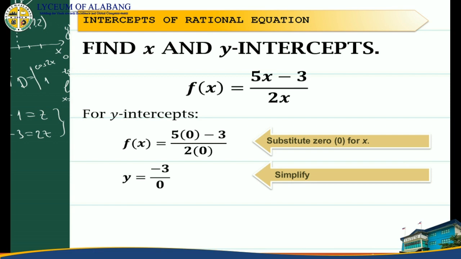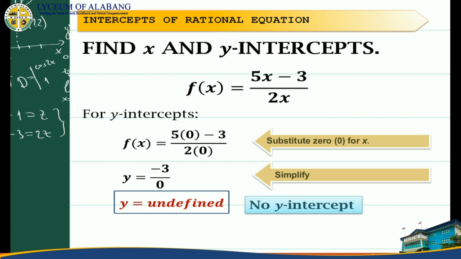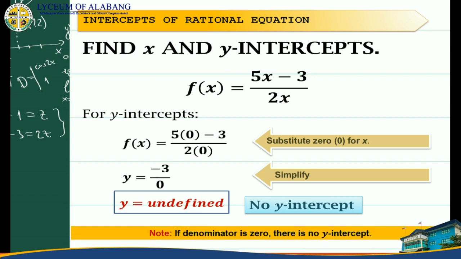As you can see, this function never crosses the y-axis because you cannot divide by 0, it is undefined. In fact, anytime a function is undefined at 0, it will have no y-intercept. Take note, if the denominator is 0, there is no y-intercept.